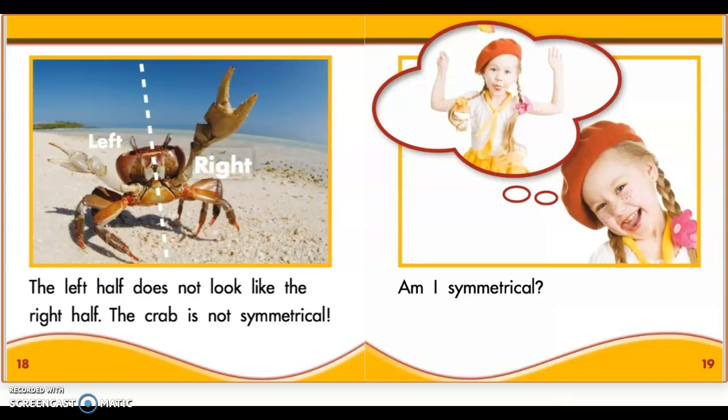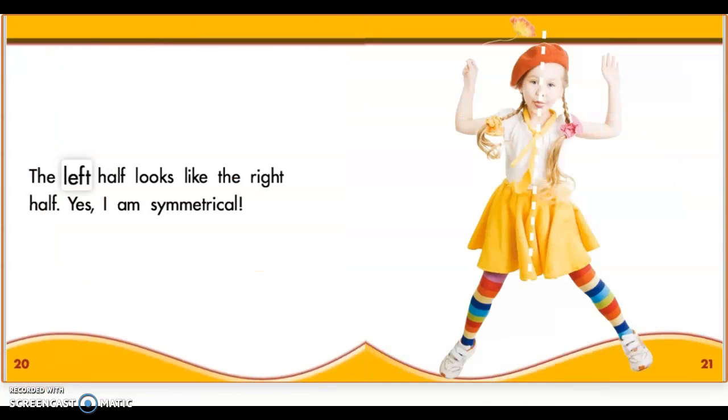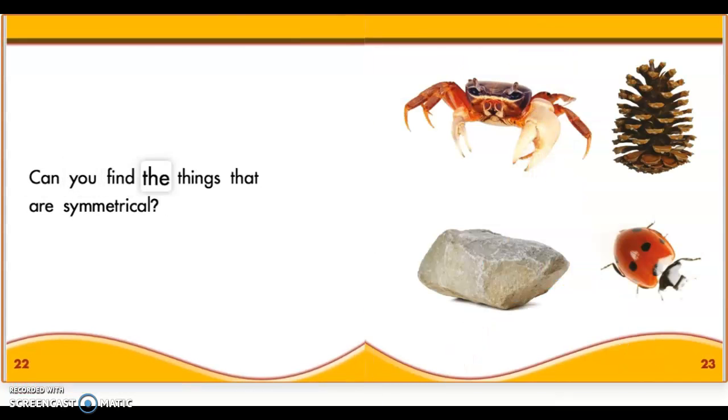Left, right. The left half does not look like the right half. The crab is not symmetrical. Am I symmetrical? The left half looks like the right half. Yes, I am symmetrical. Can you find the things that are symmetrical?